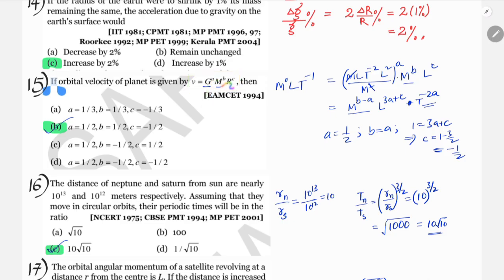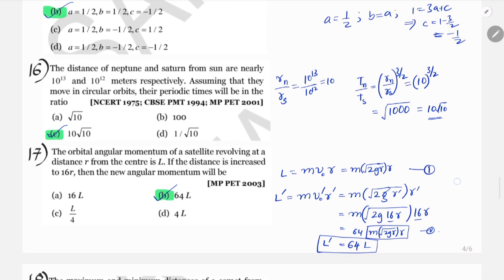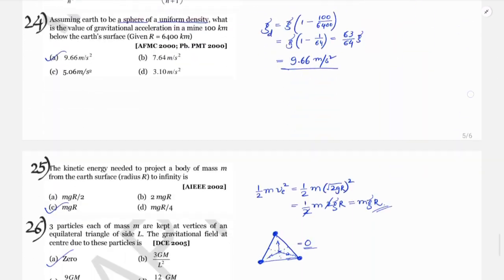Next, if the orbital velocity of a planet is given by v equal to G to the power a, M to the power b, R to the power c, remember their respective significance: this is mass, this is radius, this is the universal gravitational constant. This is how you can solve all these problems: just add up the powers. Then the problems are solved.